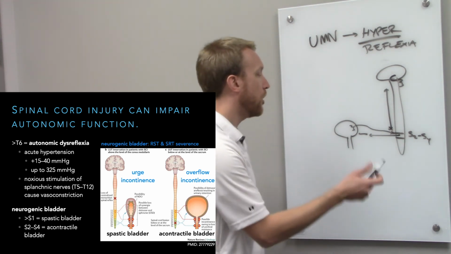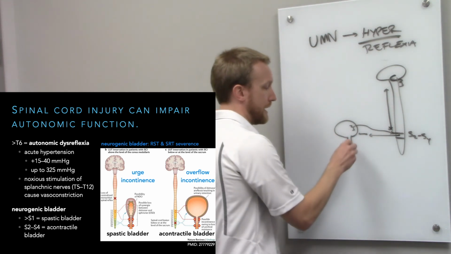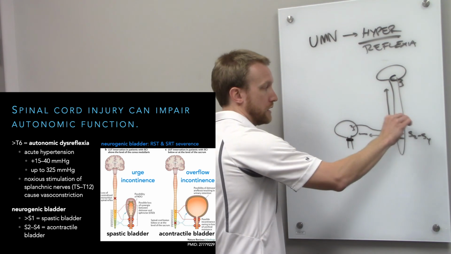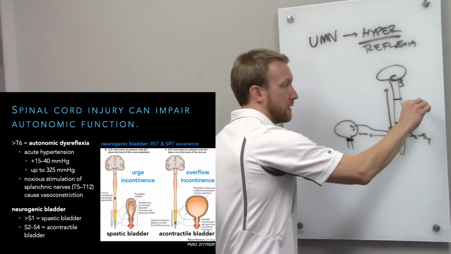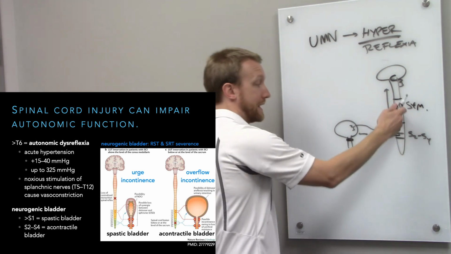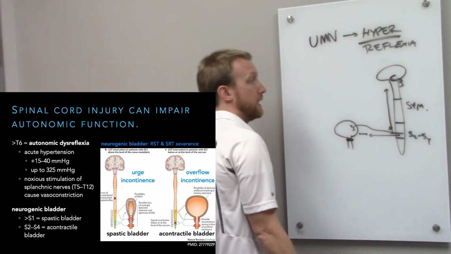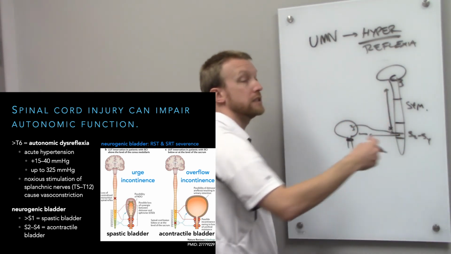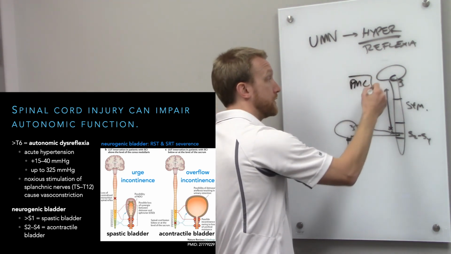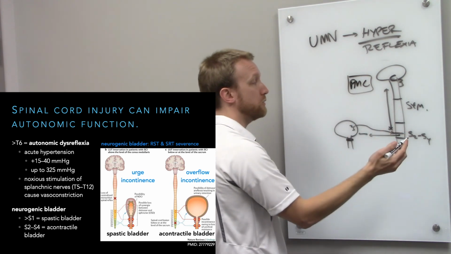This is often co-contraction of the bladder and the internal sphincter, because the activity of our sympathetic and parasympathetic divisions are not regulated. They can't talk to each other well, and the descending input from the pons is lost. So the pontine micturition center is very important because it acts as a switch.